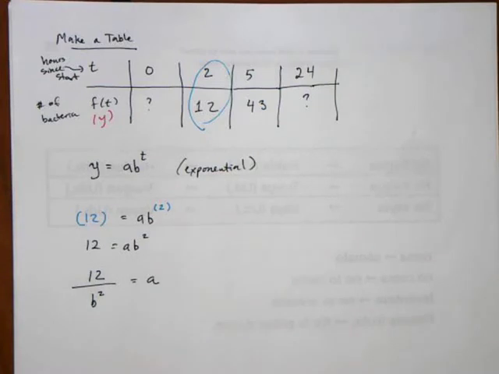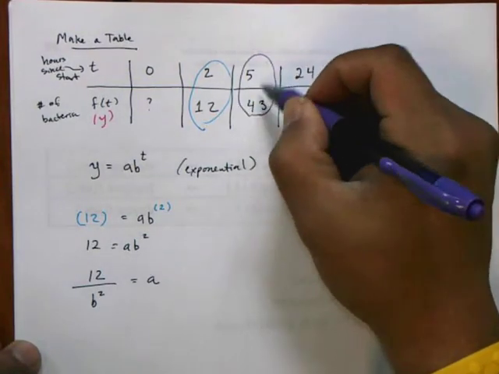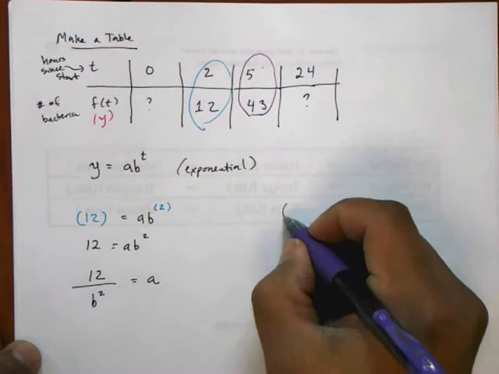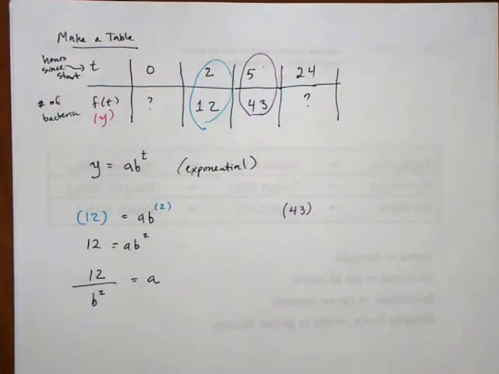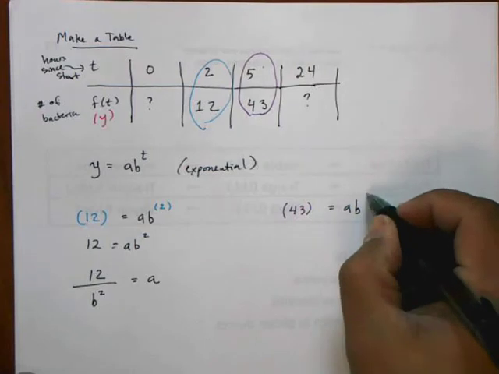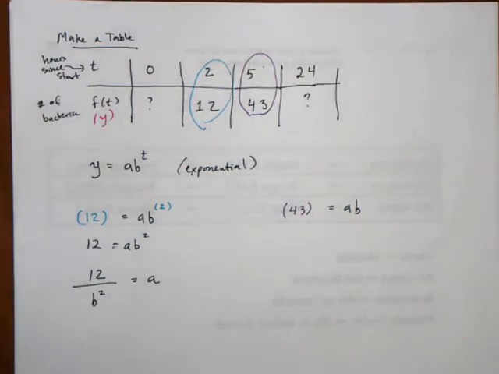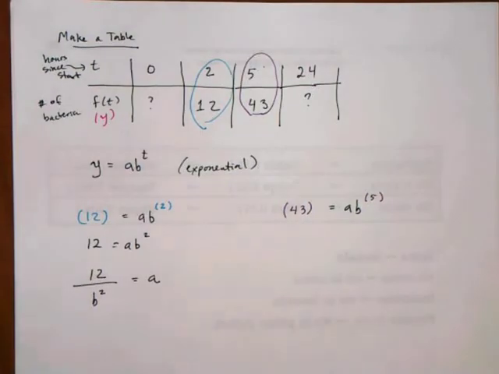In the next step, I know another bit of information, namely that when y equals 43, t equals 5. So I know that 43 equals a b to the 5th power. That's what that data point tells me.